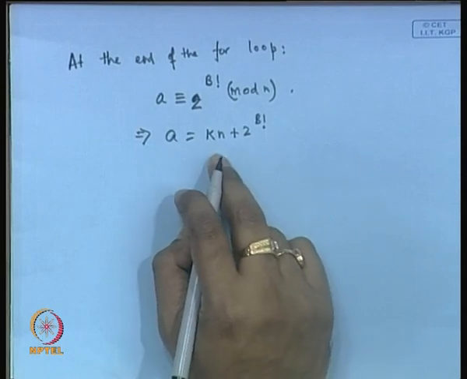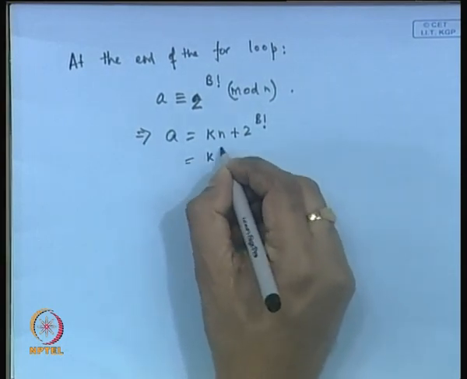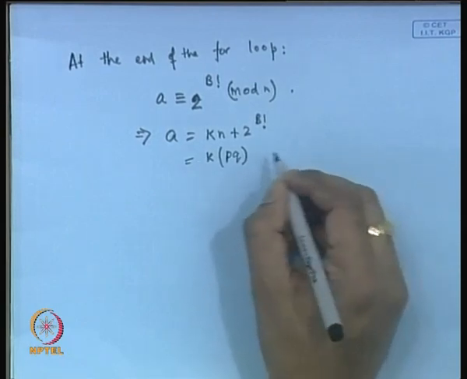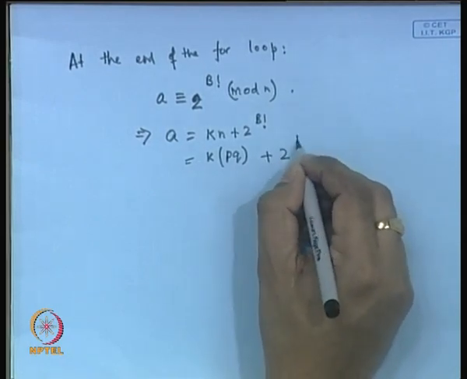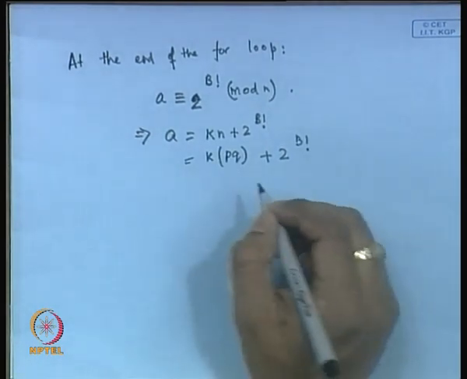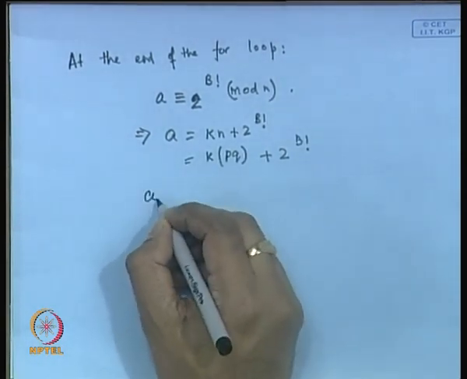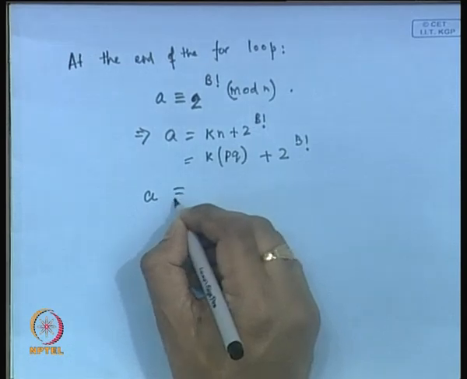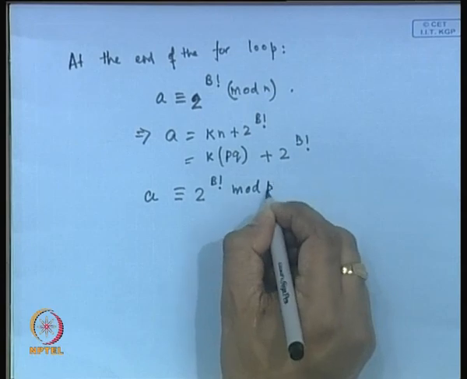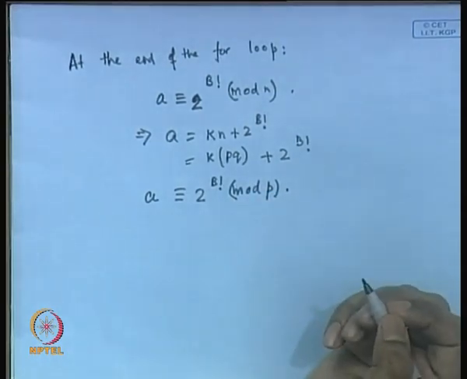So, what is n? n is p into q, the product of two prime numbers. Okay. So, plus 2 to the power of b factorial. Okay. So, now if I take a modulo p, then I can write that a equal to 2 to the power of b factorial mod p, right.